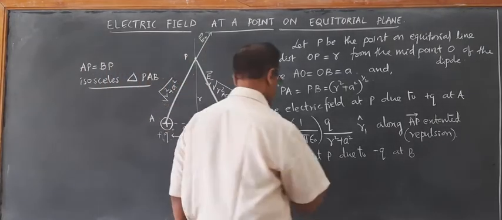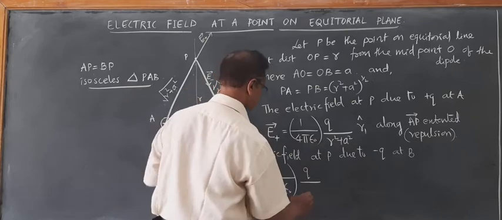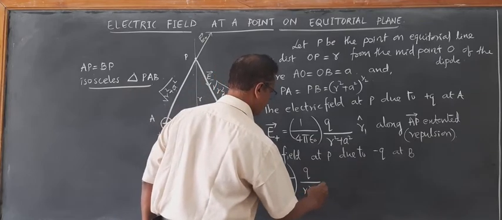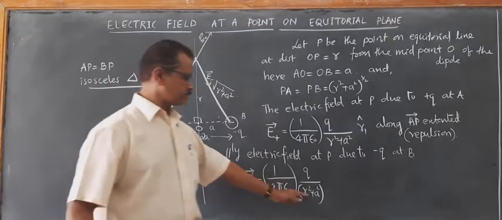Magnitude of minus Q is plus Q only, upon the value is again the same, R square plus A square raised to 1 by 2, square of that. Again you will get R square plus A square.